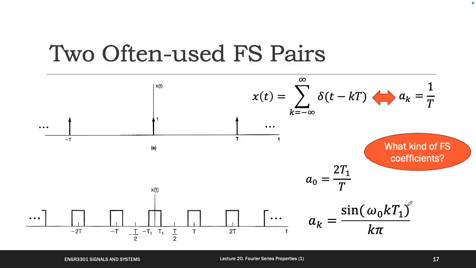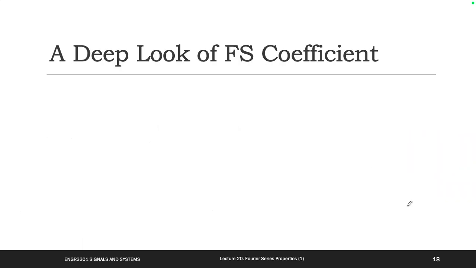We will use those two for many different questions in the following classes in this chapter or maybe the next chapter. Okay, and then let's have a deeper look at the FS coefficient.